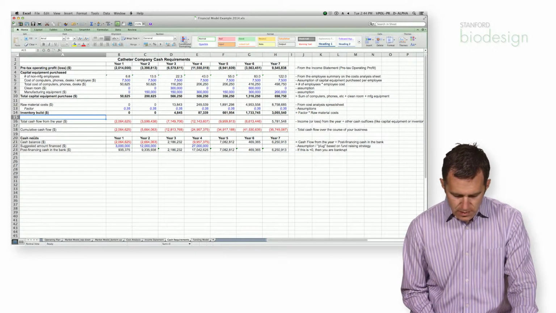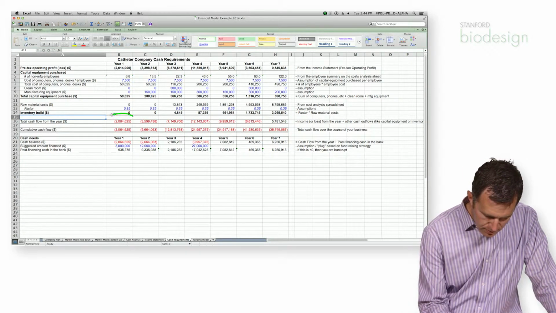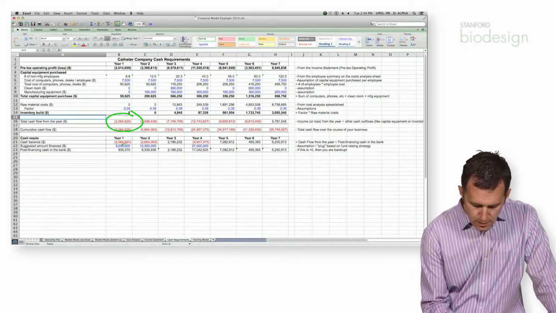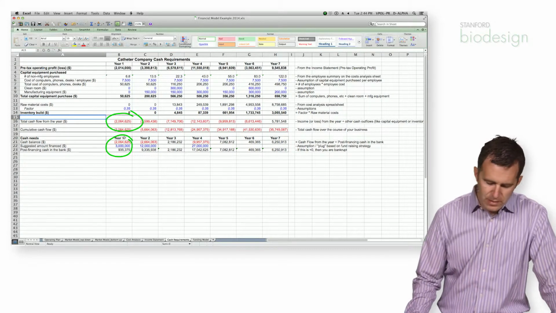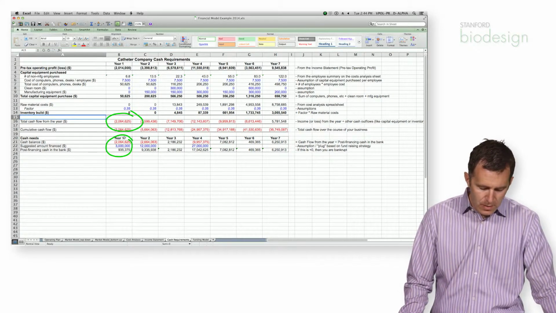For this particular example, what you can see is that in the first year, the company spends a little over $2 million. So a good practice would be to raise more money than you actually need to spend. So the CEO and the rest of the company went out and raised $3 million.